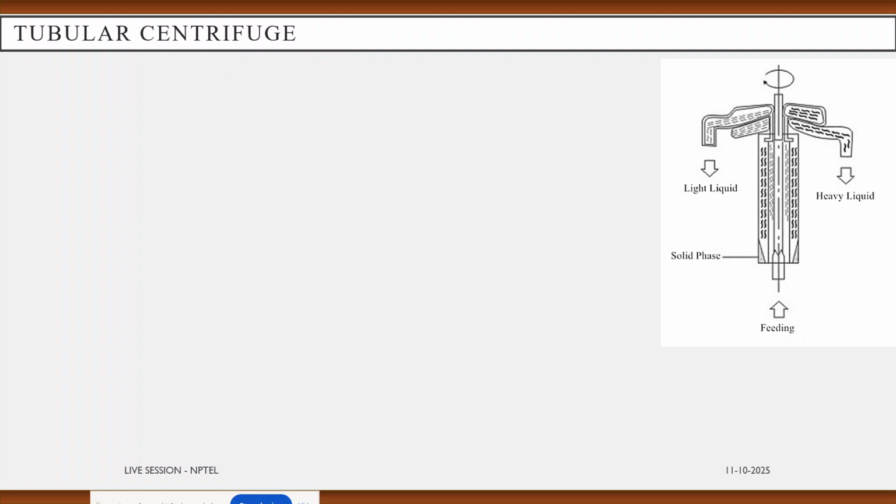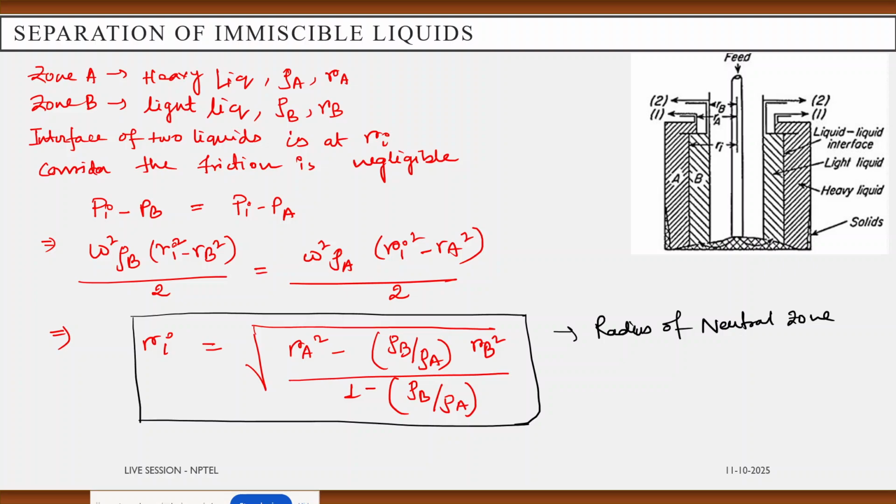Also, the radius of the neutral zone is very important to look into when you are operating the centrifuge using immiscible liquids.